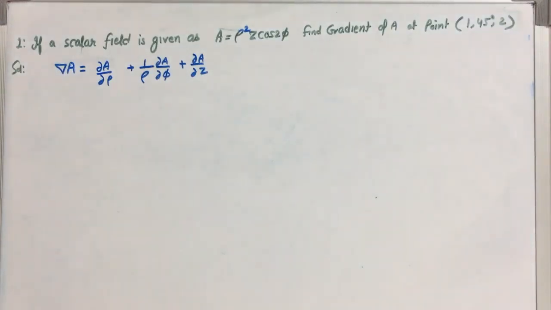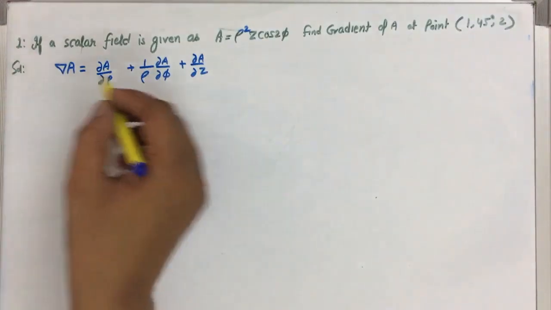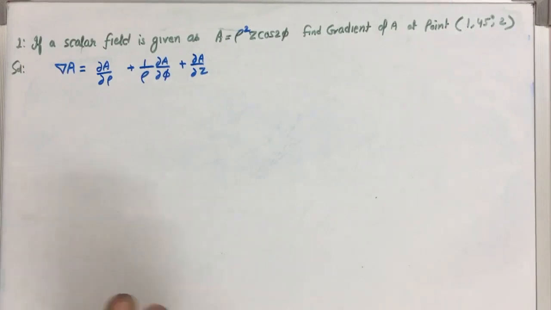So this is the gradient of A in the cylindrical coordinate system. That is simple now. Just simple mathematics is left. Try to solve it.